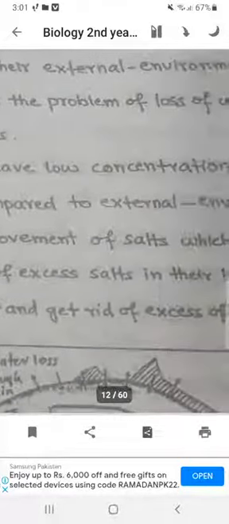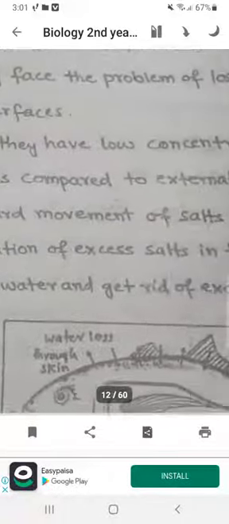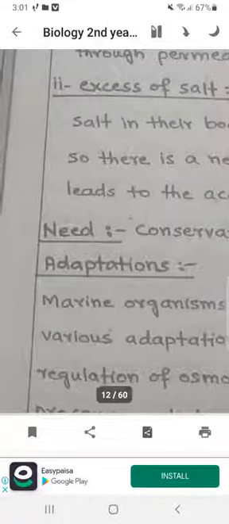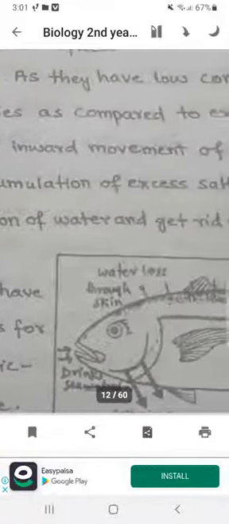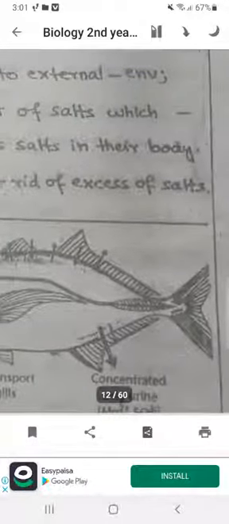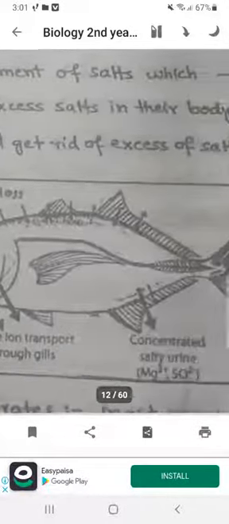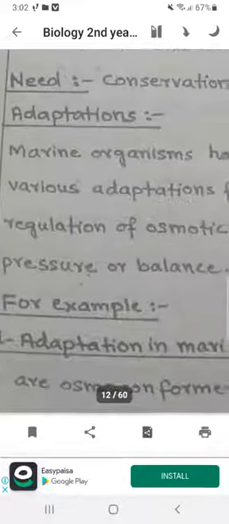As they have low concentration of salt in their bodies as compared to the external environment, there is a net inward movement of salts which leads to the accumulation of excess salts in their body. They need conservation of water and to get rid of excess salt.